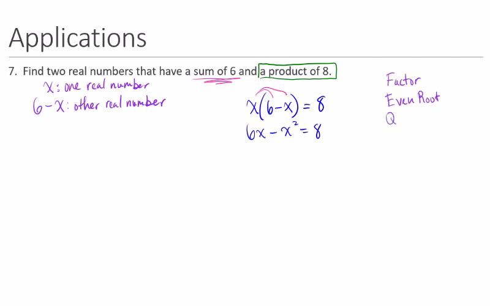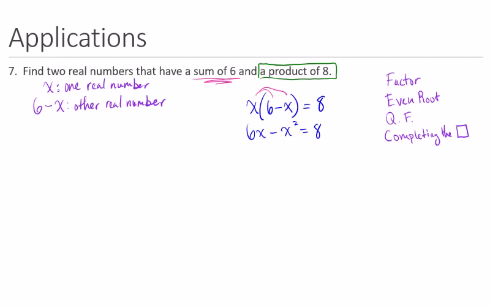Then we have the quadratic formula, and then we have completing the square. Completing the square we talked about just briefly in order to derive the quadratic formula, so we haven't had as much experience with that. The whole reason we talked about it was so that we could generate the quadratic formula.